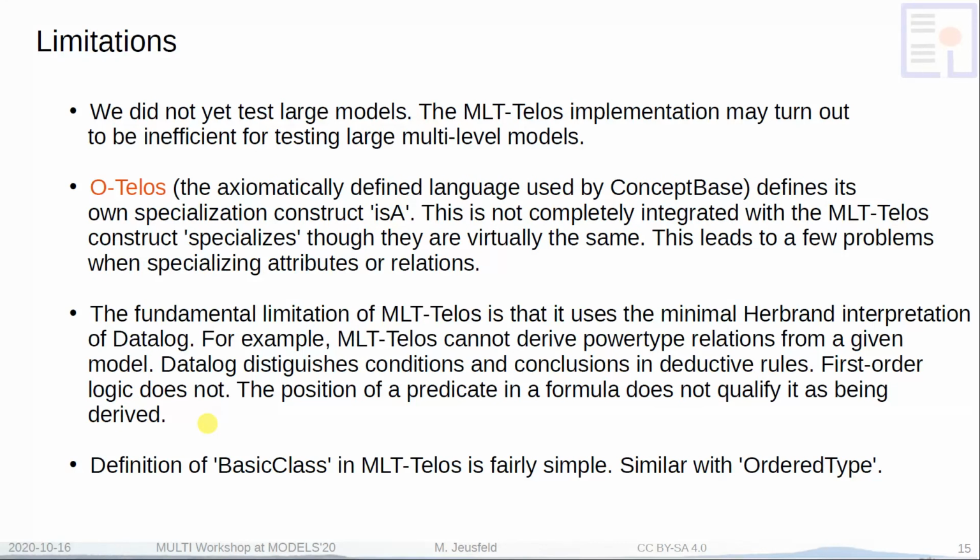So if you have a logical equivalence, you can transform, for example, an implication, and move predicates from the conclusion side to the condition side by negating that. In Datalog, that is not the case. The position of a predicate in the condition or the conclusion makes a big difference. If it's on the conclusion side of the deductive rule, then we can derive facts for this predicate. Otherwise, we would have to have a rule for that.